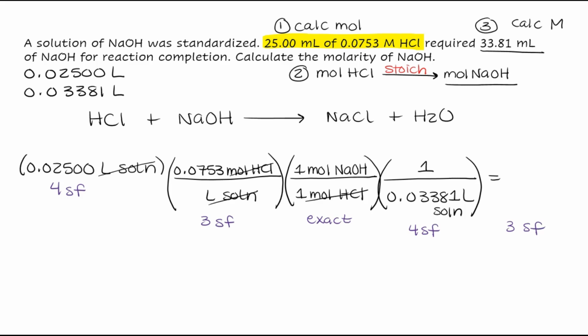So doing the math, 0.02500 times 0.0753 divided by 0.03381, rounded to 3 sig figs, gives us 0.0557. And that's molar, or molarity, NaOH.